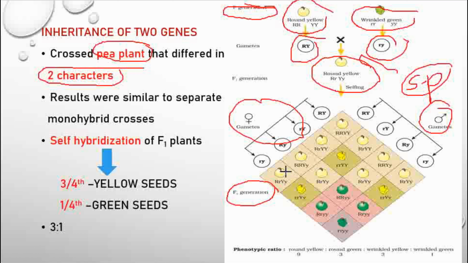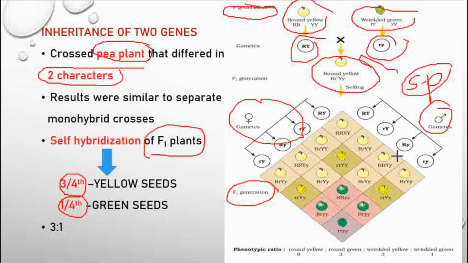So the self hybridization of the F1 plants gave 3/4 of yellow seeds and 1/4 of green seeds, they say. So how? Totally how many phenotypes are here?